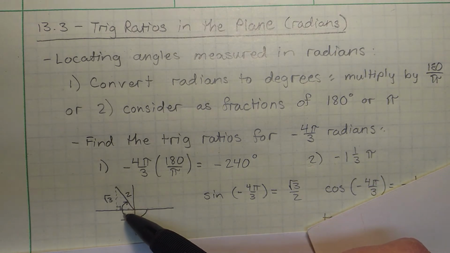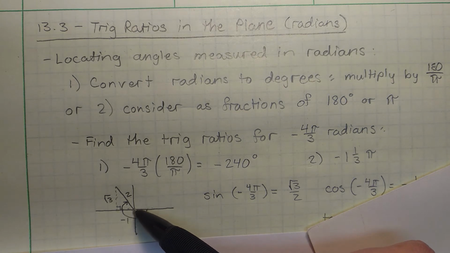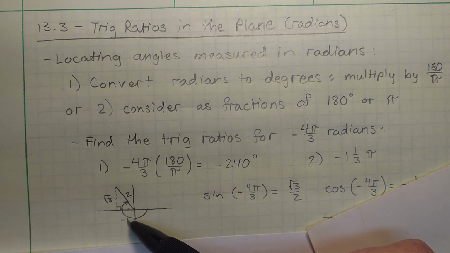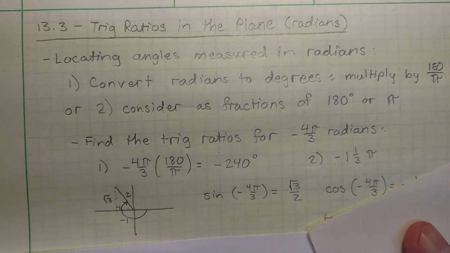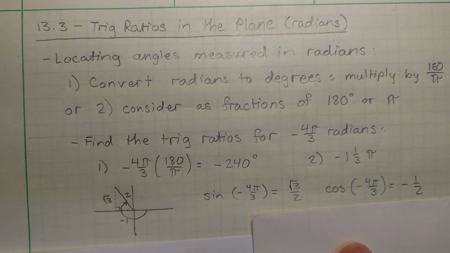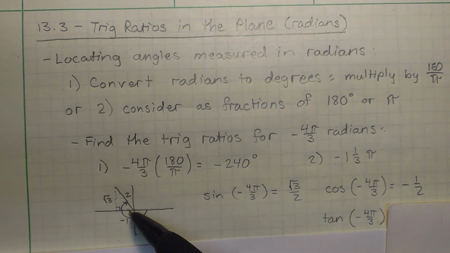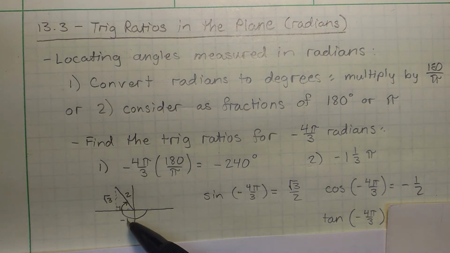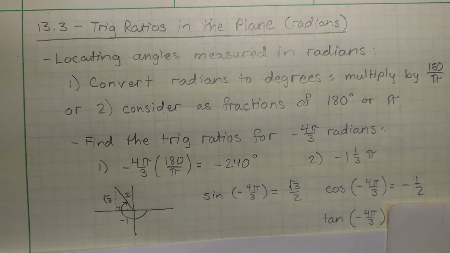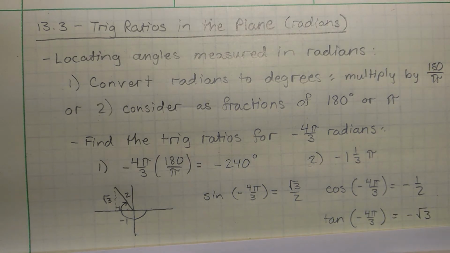So for cosine, I look at the adjacent side, which is always the side on the x-axis, which is negative 1 over the hypotenuse 2, so I have negative 1/2. And finally, for the tangent of negative 4 pi over 3, I look at the opposite radical 3 over the adjacent negative 1. So radical 3 over negative 1 is just negative radical 3.